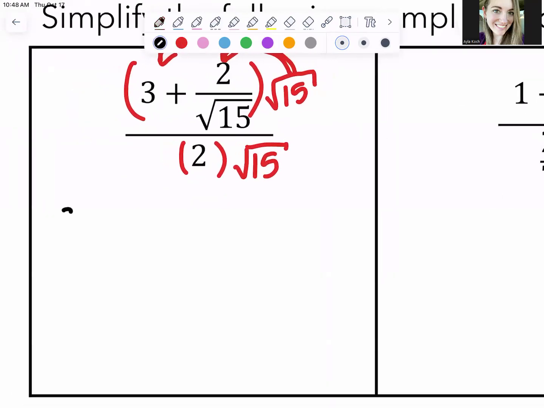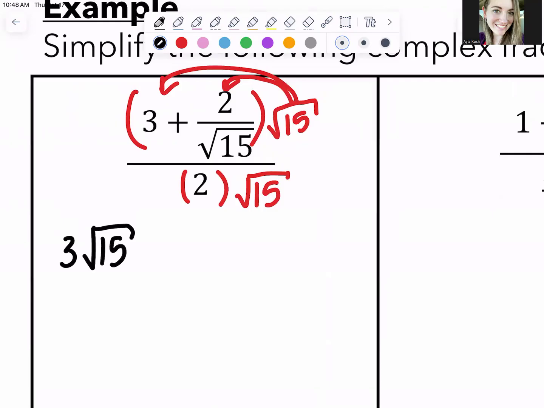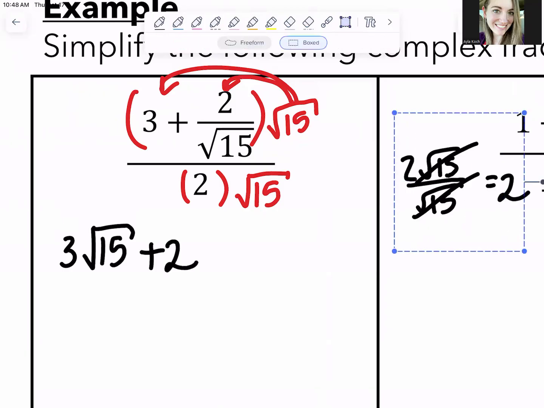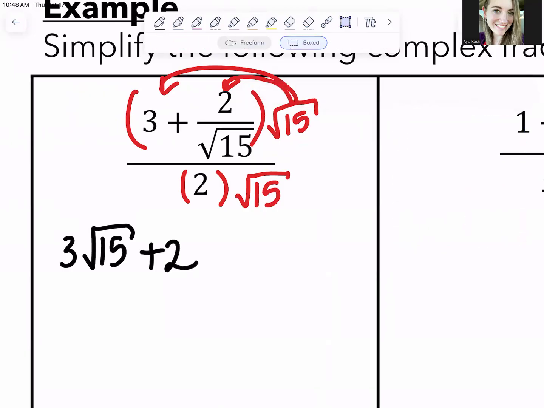It gets distributed to the 3, so 3 square root 15. When it gets distributed right here, it becomes 2 square root 15 over square root 15. Those cancel and you're just left with 2. So it's 3 square root 15 plus 2 on the top.